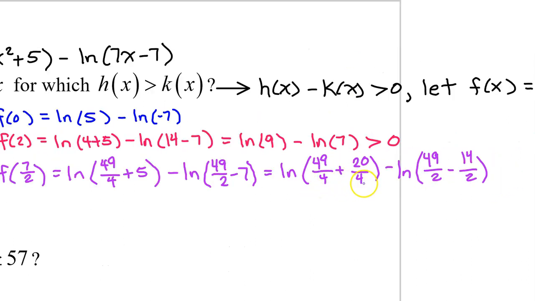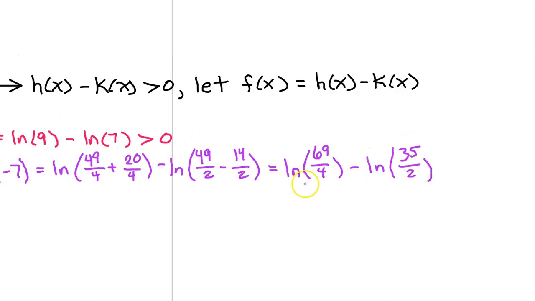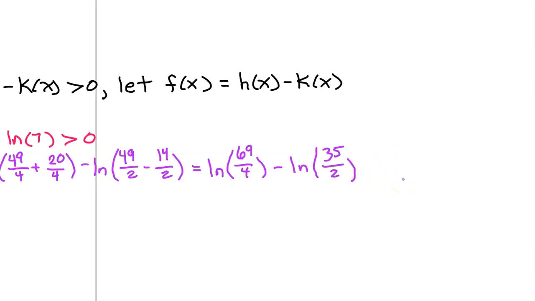To make like denominators, we can turn 5 into 20 over 4, and we can turn 7 into 14 over 2. Combining the fractions, we have the natural log of 69 over 4 minus the natural log of 35 over 2. For easy comparison, let's make these into like denominators as well.